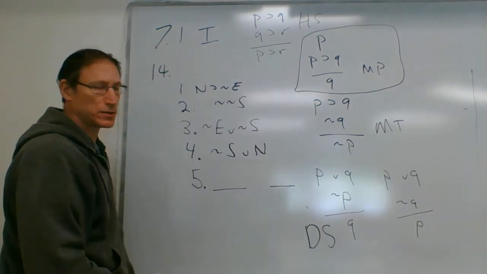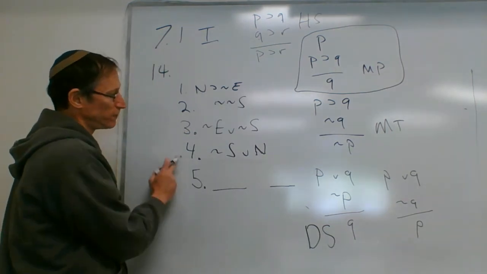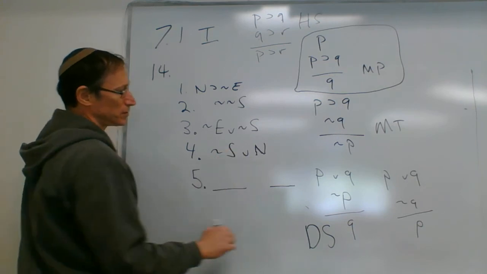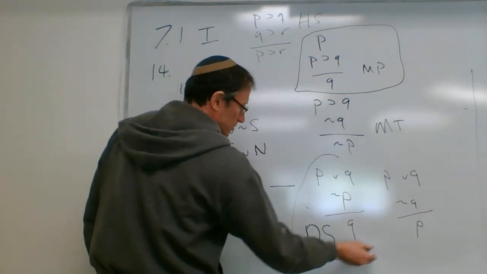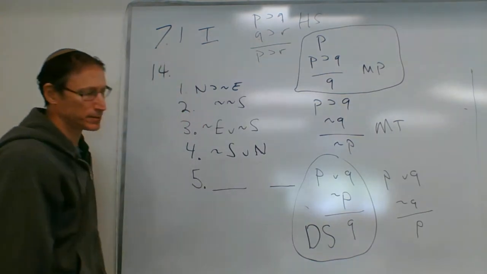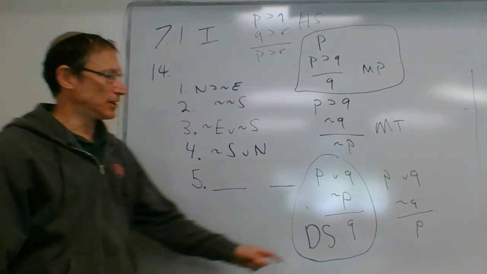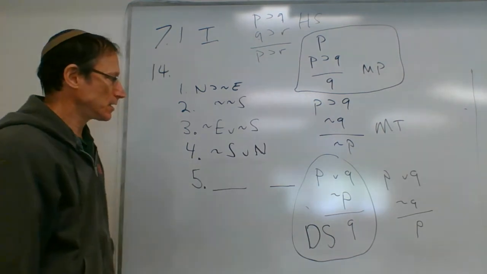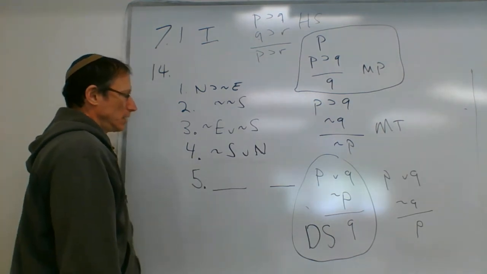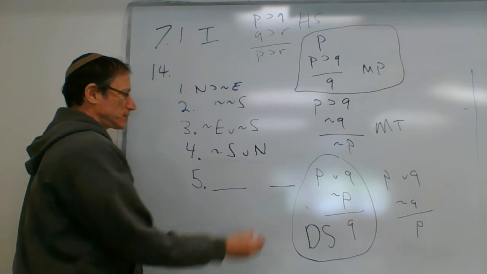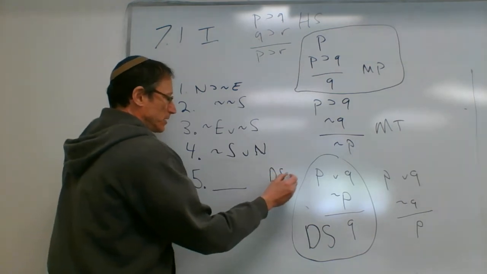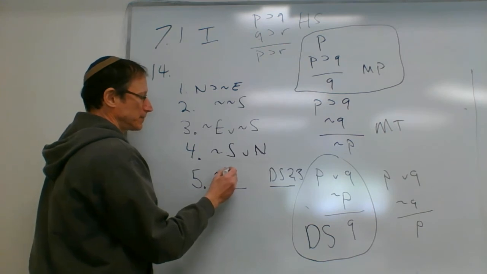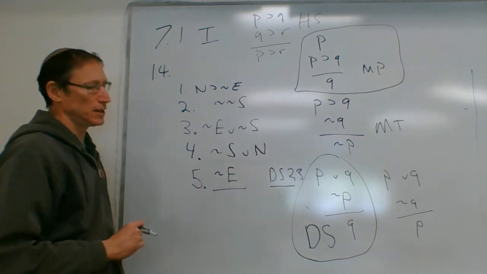You can also do disjunctive syllogism on 2 and 4, right? You have a disjunction. This is what the book wants you to do, because they're saying this is the real disjunctive syllogism, only negating the left-hand side and then deriving the right-hand side. Okay, so if I do disjunctive syllogism on 2 and 3, I then come up with not E. That would be the answer.